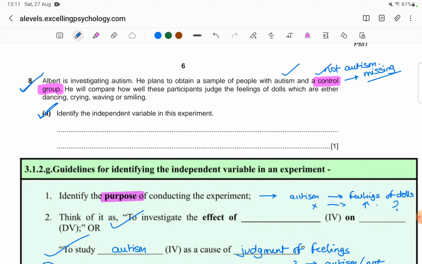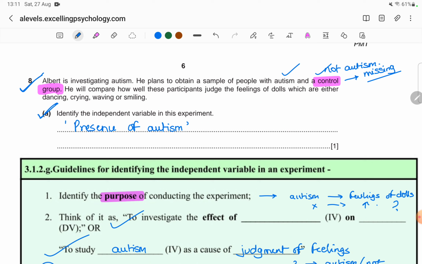Okay, so we'll just write the name of the IV directly first. So I'll write it as presence of autism. Okay, so instead of writing the independent variable was, I'm just writing presence of autism.